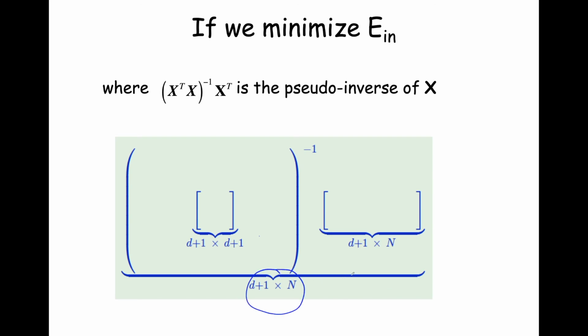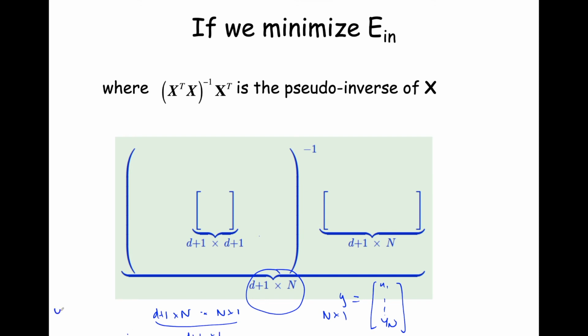Your y vector is a column vector, y1 through yn, of rank n rows by one column. So we have d plus 1 by n, and we multiply that by an n by 1. Our result, which is our vector w, has rank d plus 1 by 1.